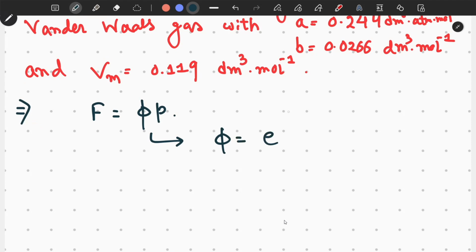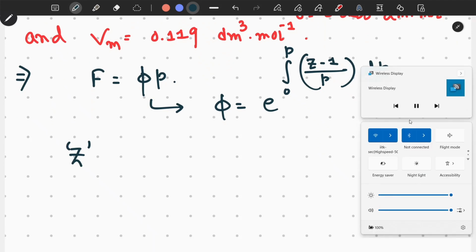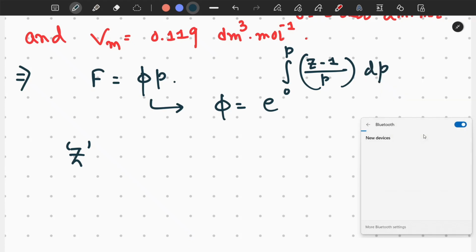In this you have to calculate e to the power integral from 0 to p of (Z minus 1) by p dp. So Z we have to calculate for the Van der Waals gas. That's our primary task, because you know the equation.